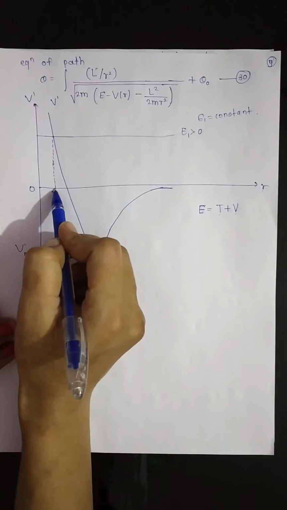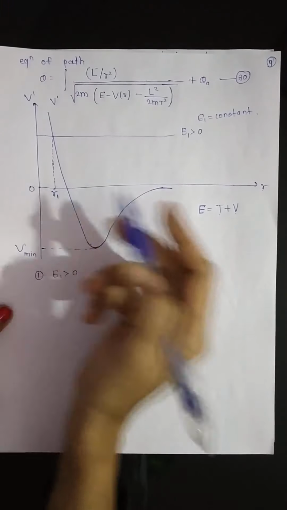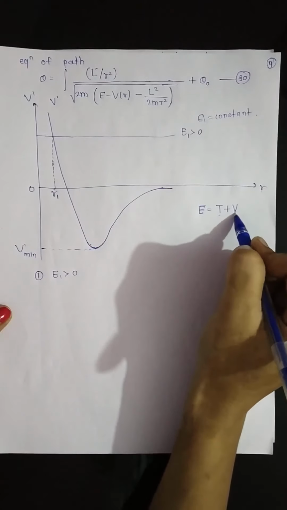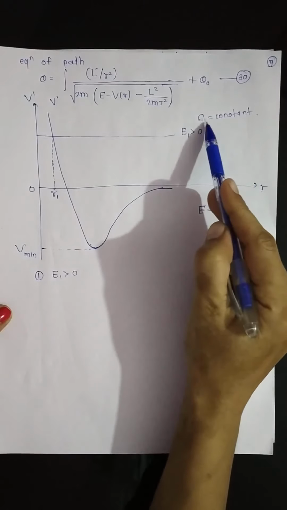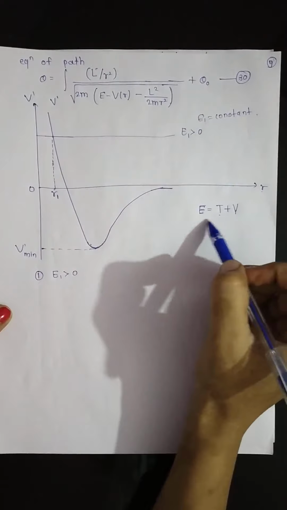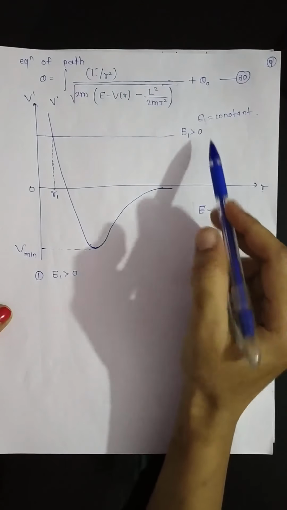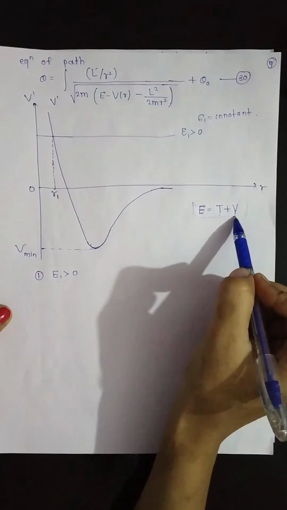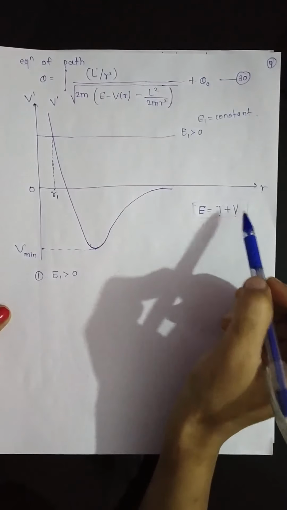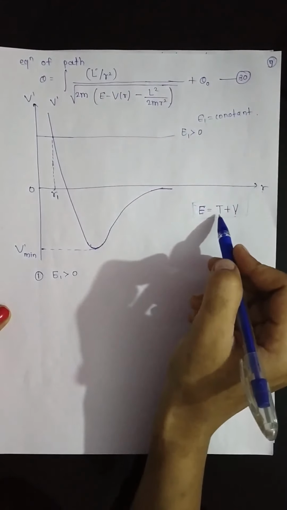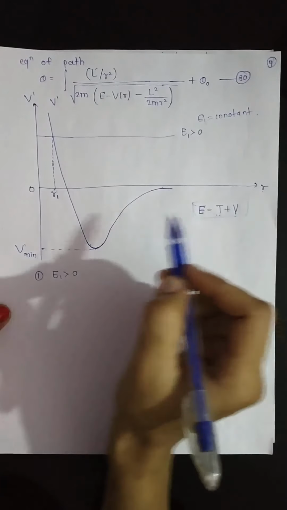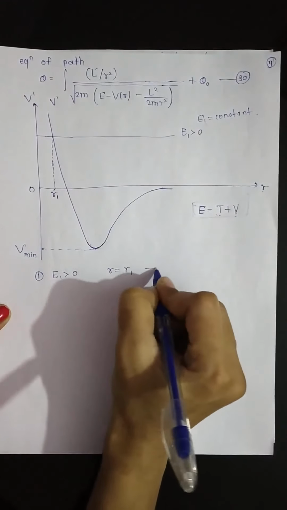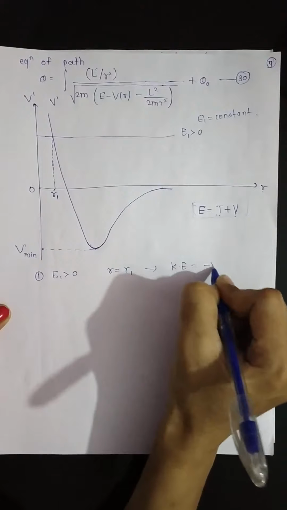At this point, kinetic energy is 0, because the total energy is kinetic energy plus potential energy. Since the total energy is constant, to satisfy this equation, the kinetic energy will now be negative. So for r less than r1, at point r equals r1, kinetic energy will be negative.